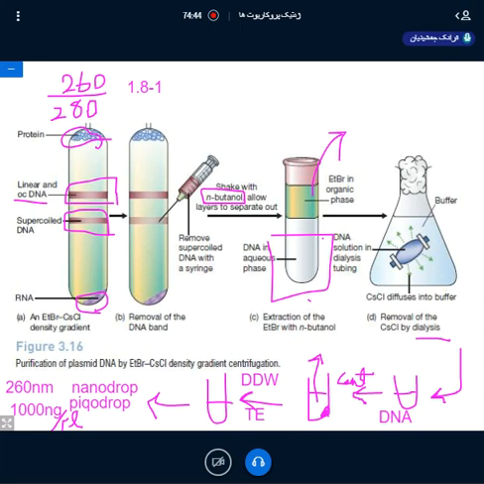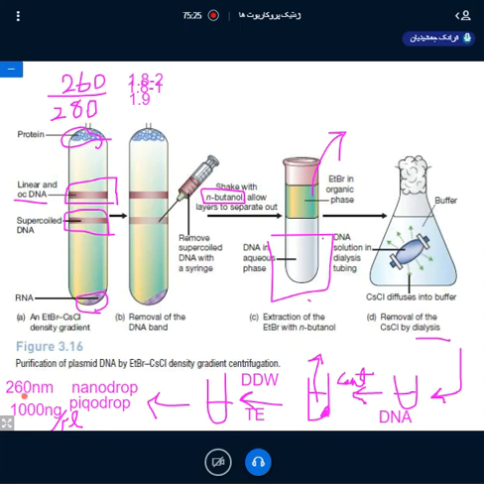So, what was I talking about? I was talking about the 260 to 280 ratio. It should be about 1.8. The best number should be 1.9 for the best qualification of the DNA.